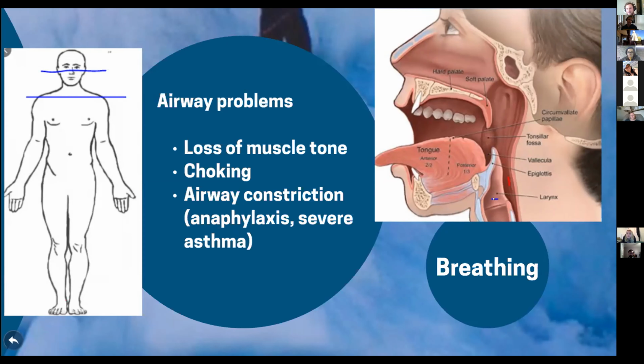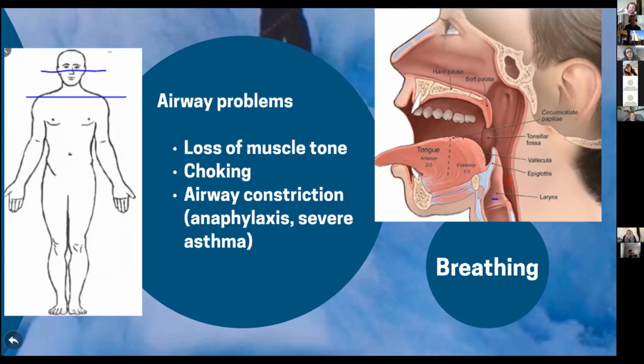So the little blue mark here is the windpipe, and the little red dot here is on the esophagus. That's why when I go to drink water, I don't choke every time I try to drink water or eat food. It's because that epiglottis, when I swallow, closes over the windpipe and diverts everything into the esophagus down to the stomach.